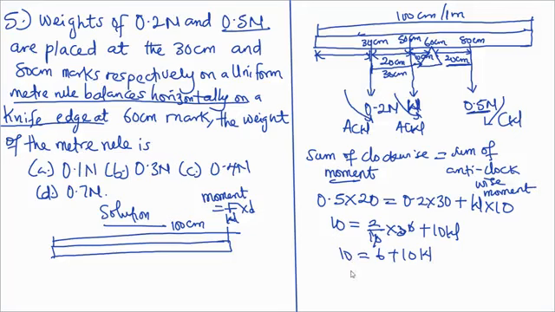So you bring this to this side, we have 4 equals 10W. So W is now equals to 4 over 10. What is 4 over 10? So that is 0.4 Newton. So that is our final answer.